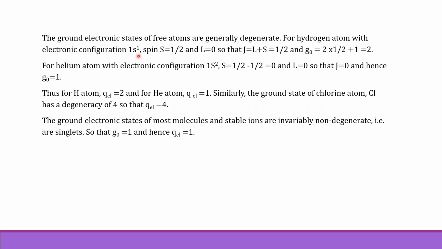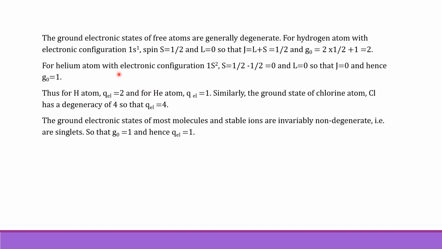The ground electronic states of free atoms are generally degenerate. For hydrogen atom with electronic configuration 1s1, the spin S is equal to half and the value of L is equal to 0, so that J is equal to L plus S, that is half. And g0 comes out to be 2 into half plus 1, that is 2.